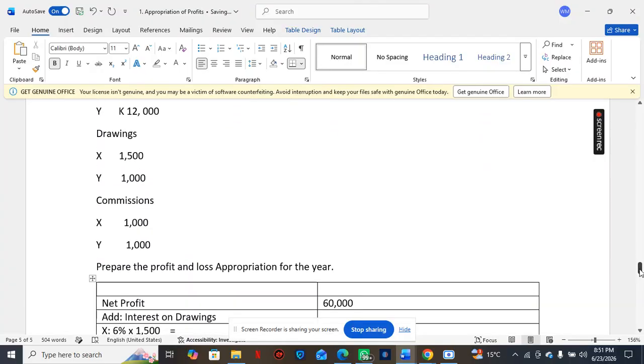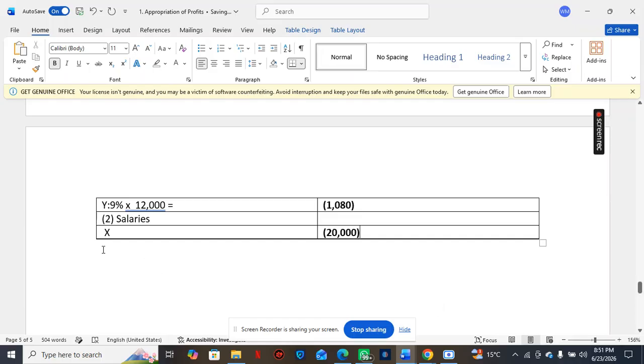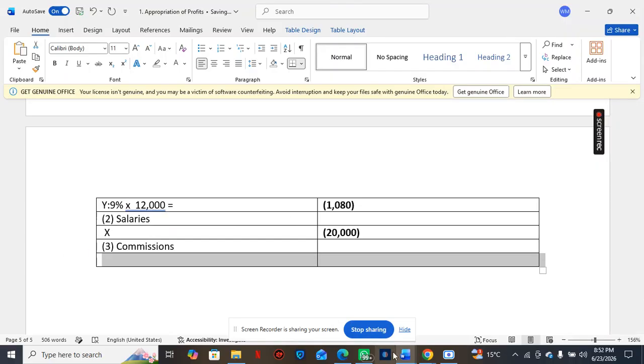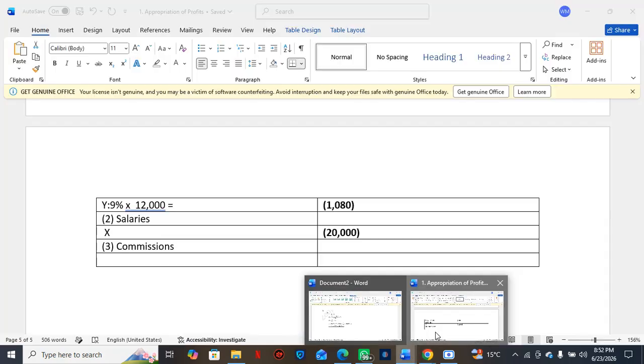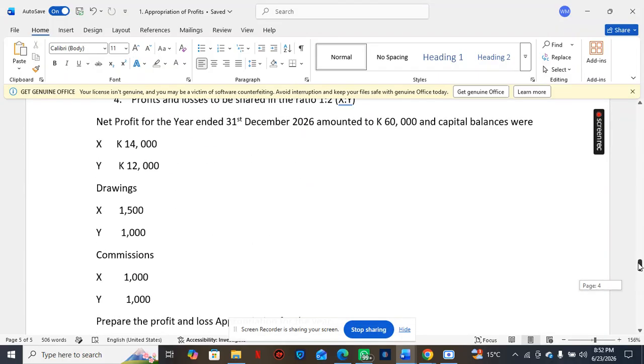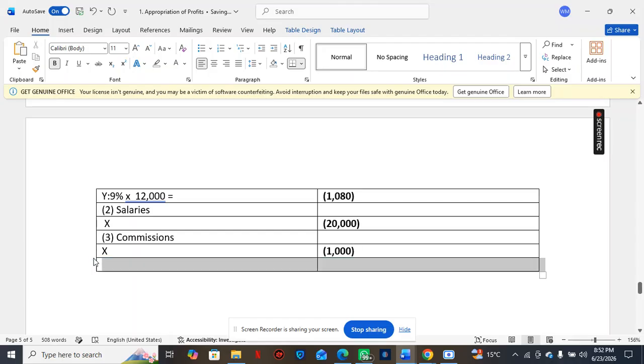Only Mr. X was entitled to a salary. And then we also have to deduct commissions. Commissions, Mr. X 1,000, Mr. Y 1,000.